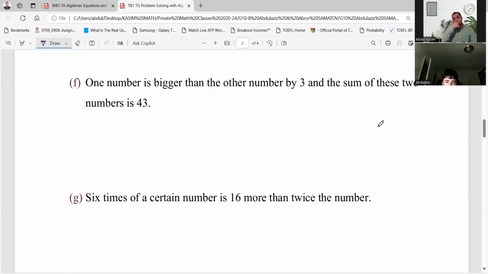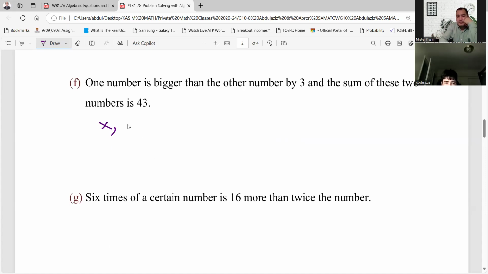One number is bigger than the other number by 3, and the sum of these two numbers is 43. So we are talking about two numbers. One number is bigger than the other by 3. Suppose that the first number is x. Then what will be the second number?